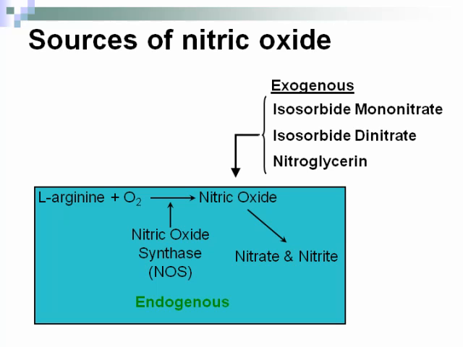There are also exogenous sources of nitric oxide, and these include isosorbide mononitrate, isosorbide dinitrate, and nitroglycerin. Those are all medications typically used to treat chest pain or angina, and they are known to increase levels of nitric oxide and then increase nitrate and nitrite.